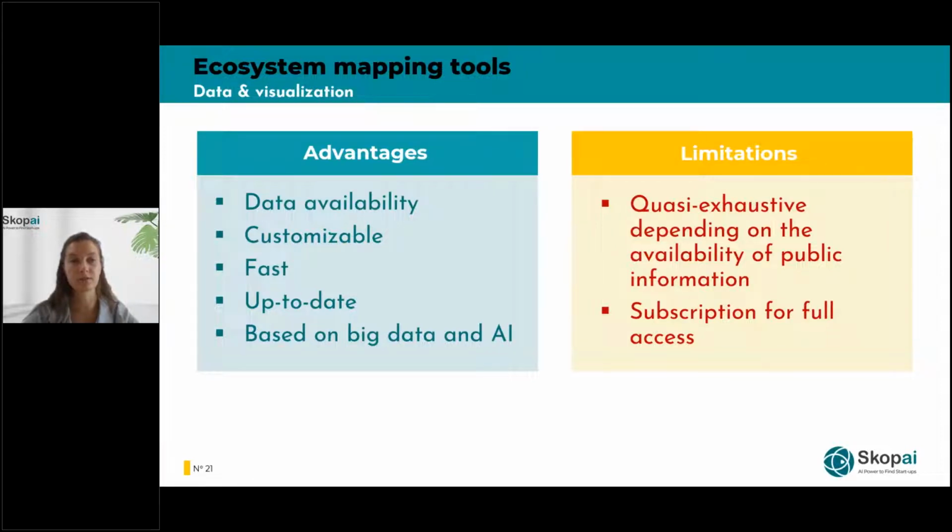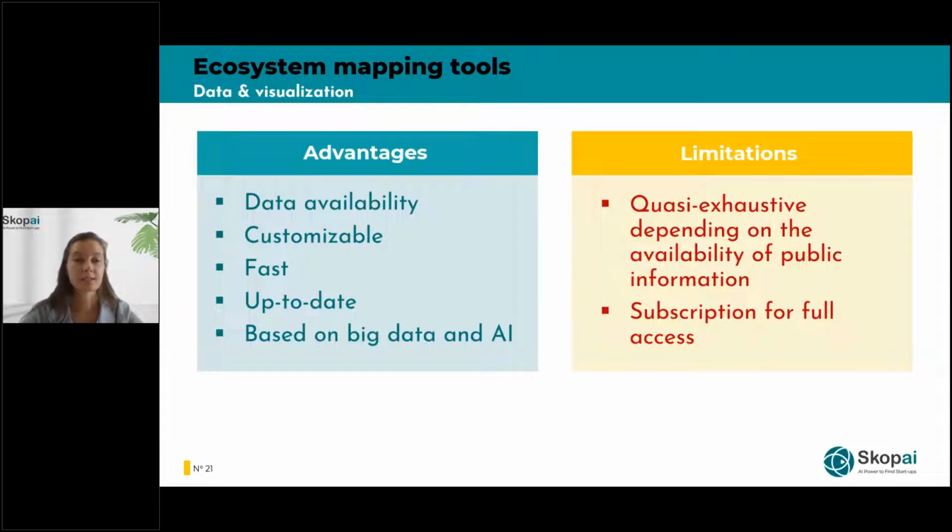For example, the startups located in a particular country or region, the startups in a particular domain, for example, in space technology. The startups in a particular stage of development, for example, the early stage startups or go-to-market companies.